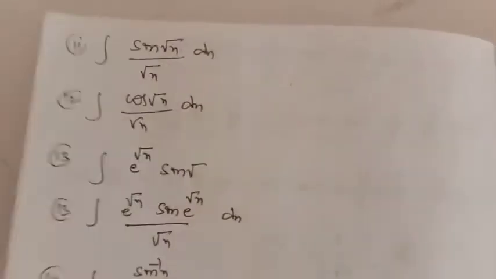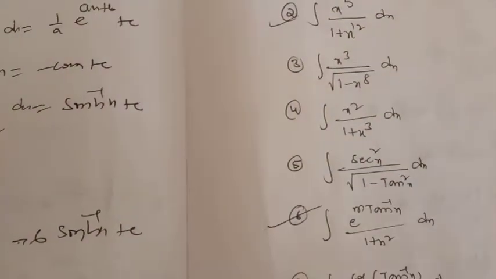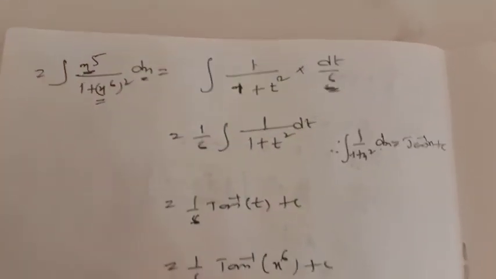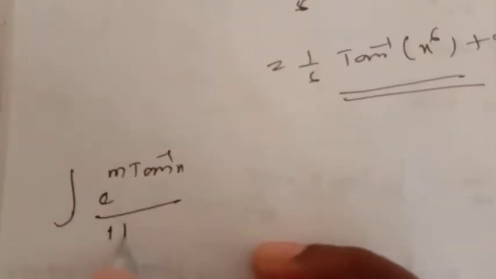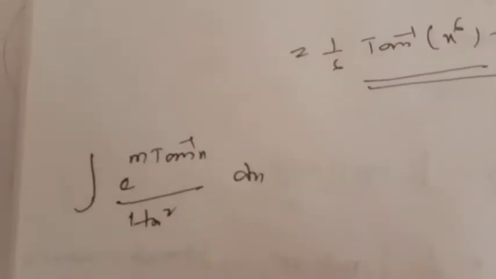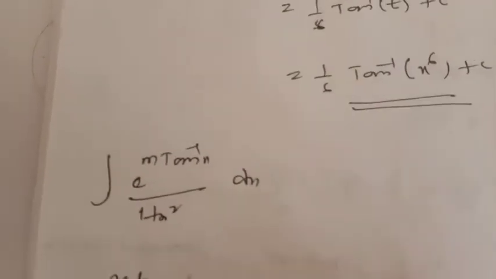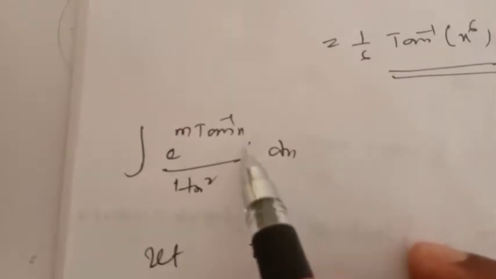And next one, integral e to the power of m tan inverse x by 1 plus x square into dx. Let t equal to, here we can take either m tan inverse x or tan inverse x.